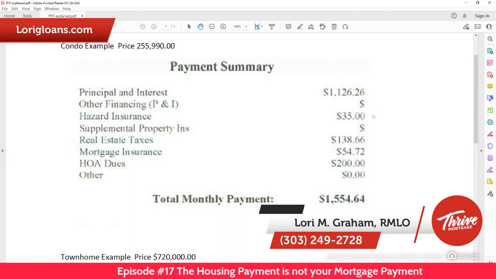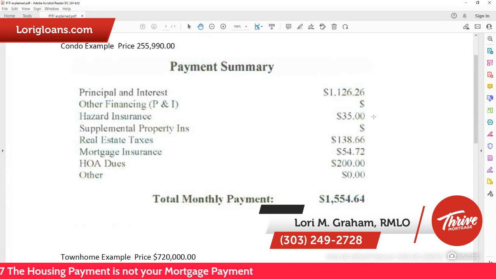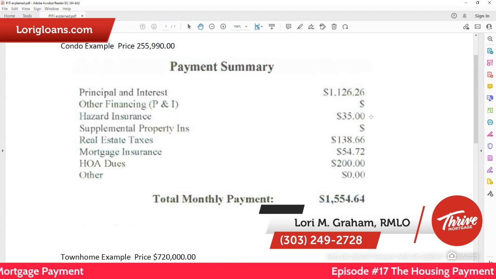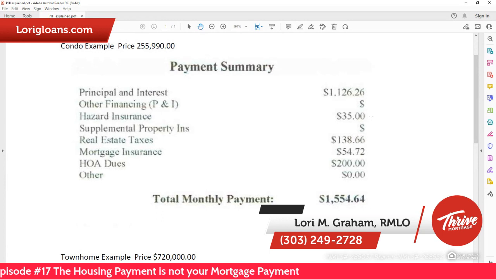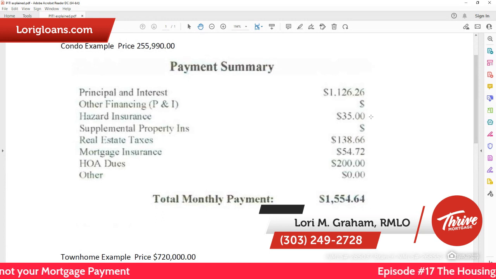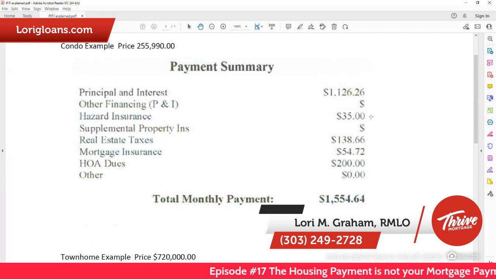The next part of her payment is the contents insurance. And I specifically want to say contents because she is not required to have a full homeowner's insurance policy. And we also call hazard insurance homeowner's insurance. Those are interchangeable terms. The reason she only has a contents policy is because if there were a catastrophic event and her home were to burn down, the rebuild and the roof is actually covered in the master policy, which is incorporated into her HOA dues.